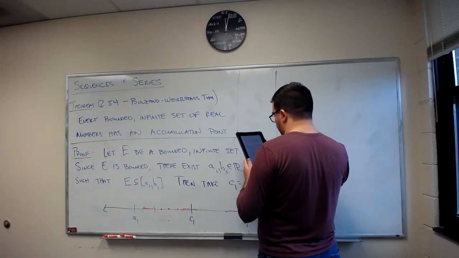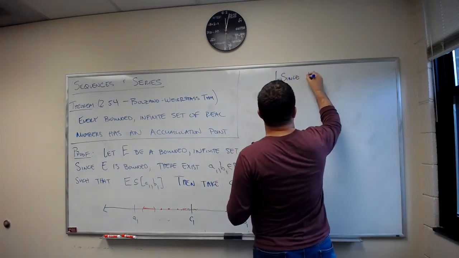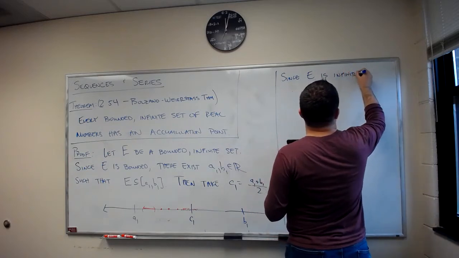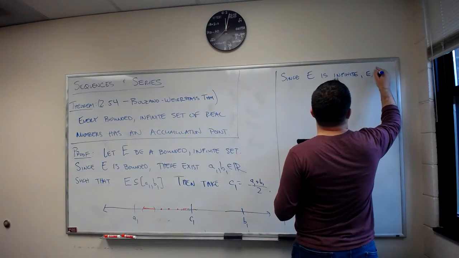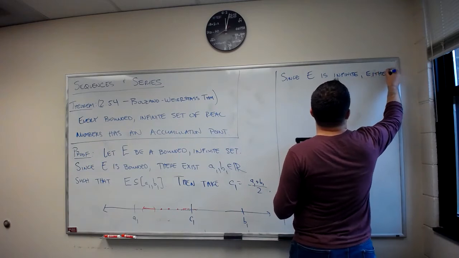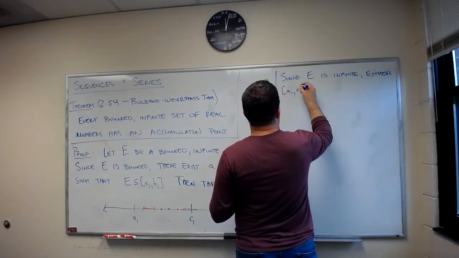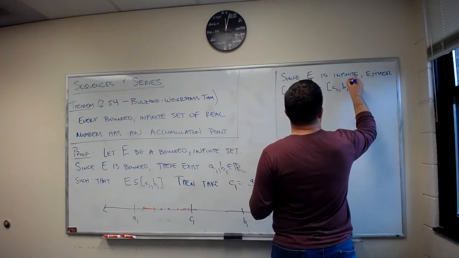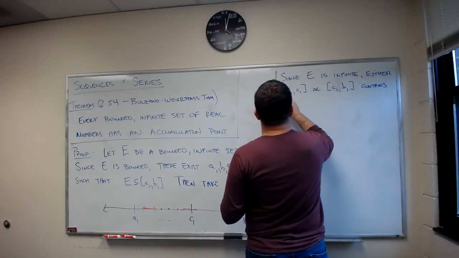Let me write out what I just said. Since E is infinite, either A1, C1 or C1, B1 contains an infinite number of points.